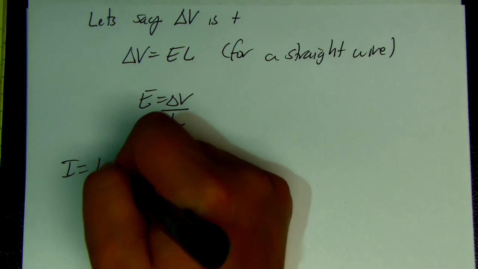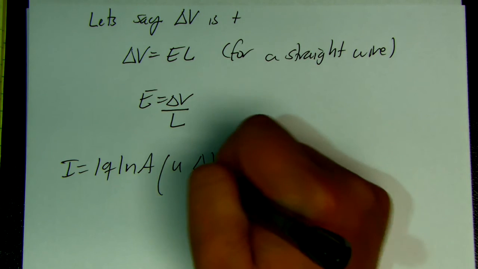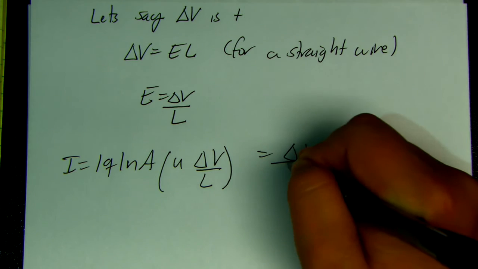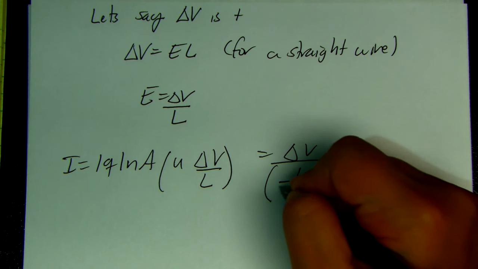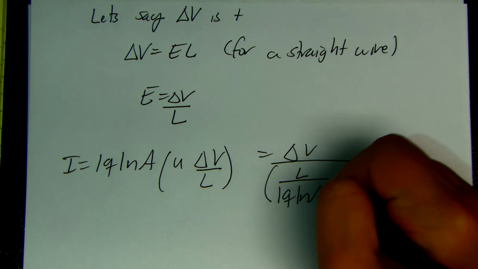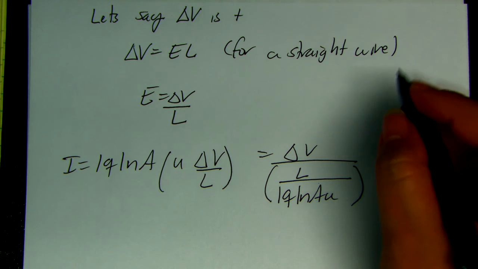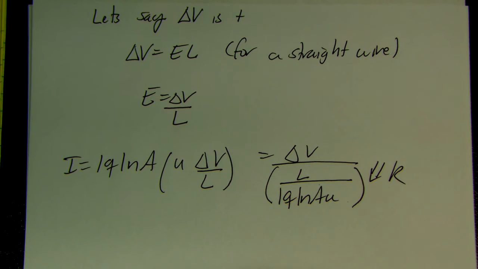I is equal to Q N A mu delta V over L, which is equal to delta V over L over Q N A mu, where this is, of course, resistance.